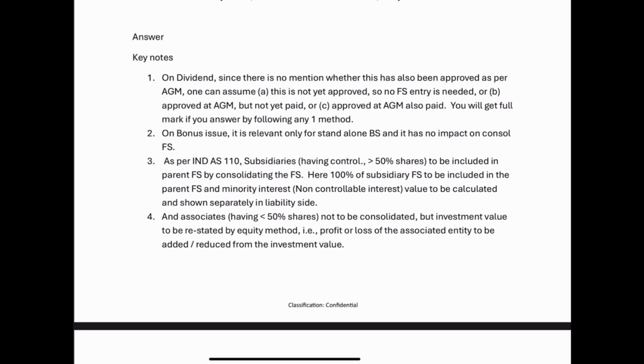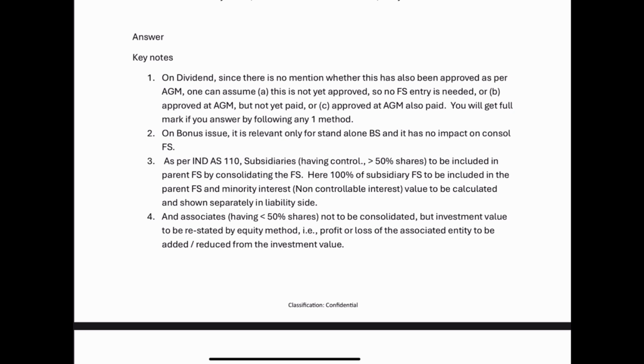Second, we can assume the AGM has approved, so the dividend entries can be posted into the consolidated financial statement. Whether the dividend has been paid is also not given, so we can assume it has not been paid. So the second assumption is that the AGM approved, the dividend has to be accrued, but it is still not paid.